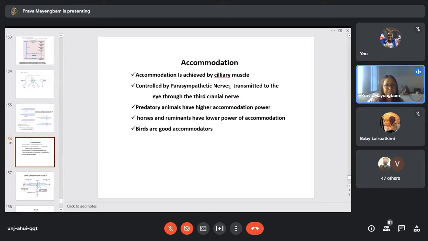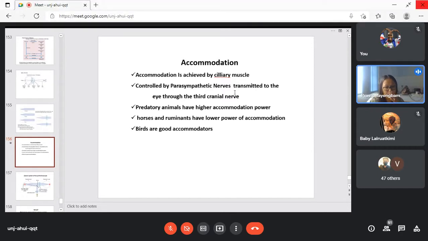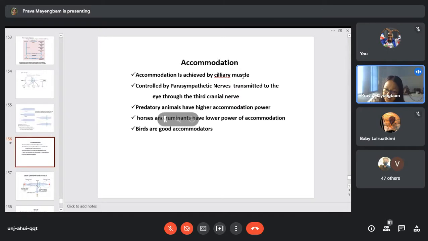It is achieved by the ciliary muscle, and it is controlled mainly by parasympathetic nerves. For accommodation of the eye, the ciliary muscle is required. When the ciliary muscle fails to contract or relax, the accommodation will fail, so the vision will be blurred.